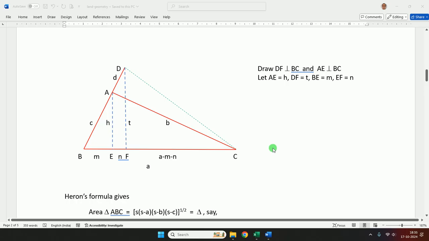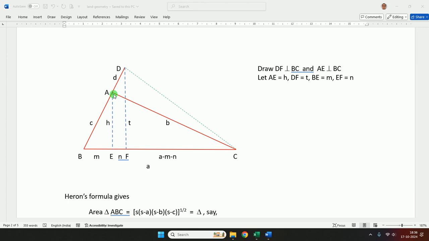So, what do we do? We drop two perpendiculars, one from A and one from D, to the base BC. So AE is perpendicular to BC, DF is also perpendicular to BC. This AE is the altitude for the given triangle, and this DF is the altitude for this bigger triangle.